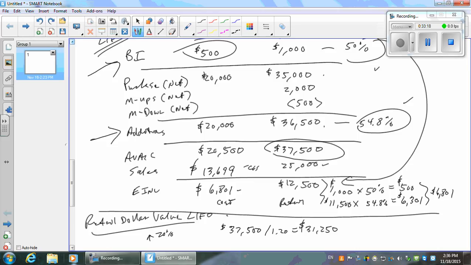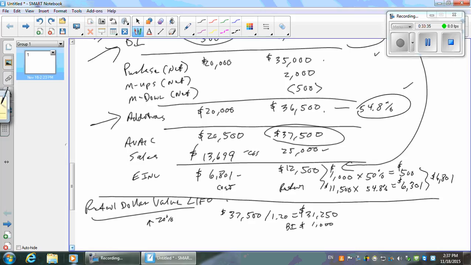Okay, and then what am I going to do? Determine how much is my beginning inventory, which was 1,000 at retail, and then subtract that from the 31,250, and that's my base, right? Okay, which is 30,250.